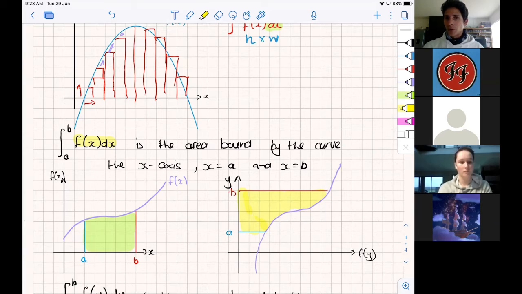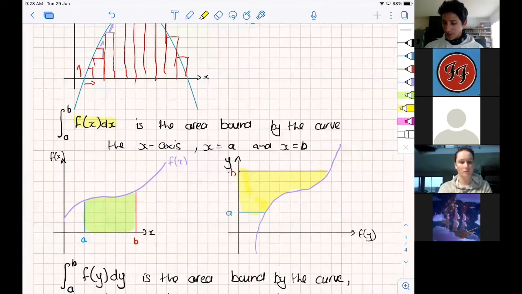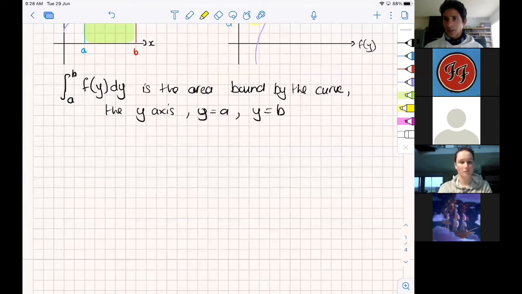The rectangles are going to get pretty small, but just think there's going to be a lot more of them. And it's the same idea that we had with gradient. When we estimated the gradient, we said, well, as h approaches 0, the gradient is approaching this value. It's the same thing with the area.